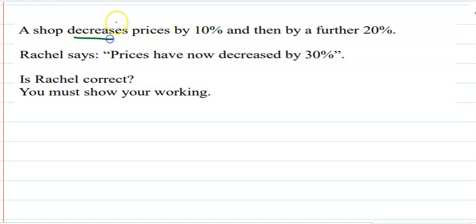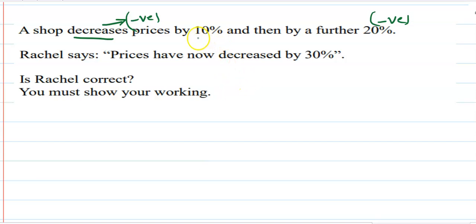For a decrease, it is a negative sign. Then by a further 20%, meaning a further decrease of 20%, so again it is negative. If it is an increase, we put a positive sign. Rachel says prices have now decreased by 30%.